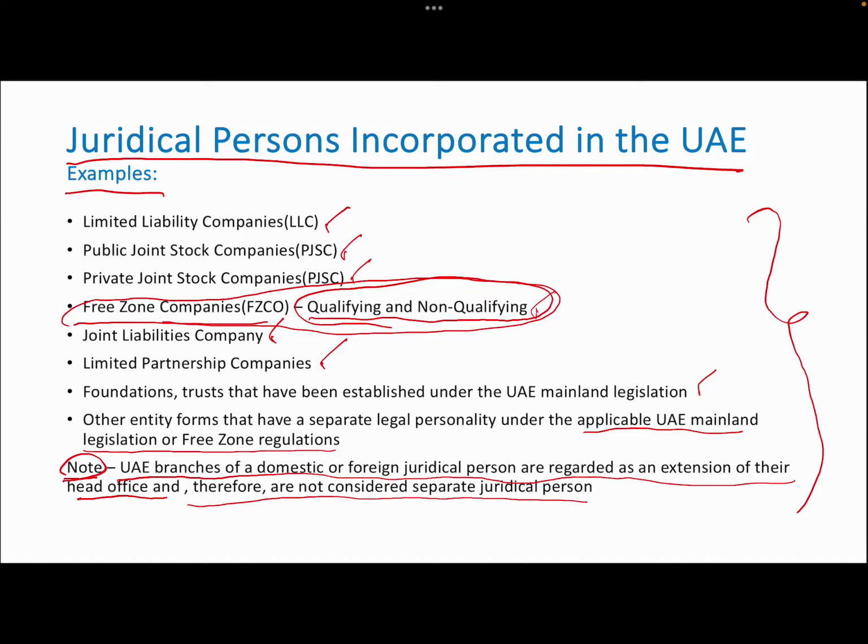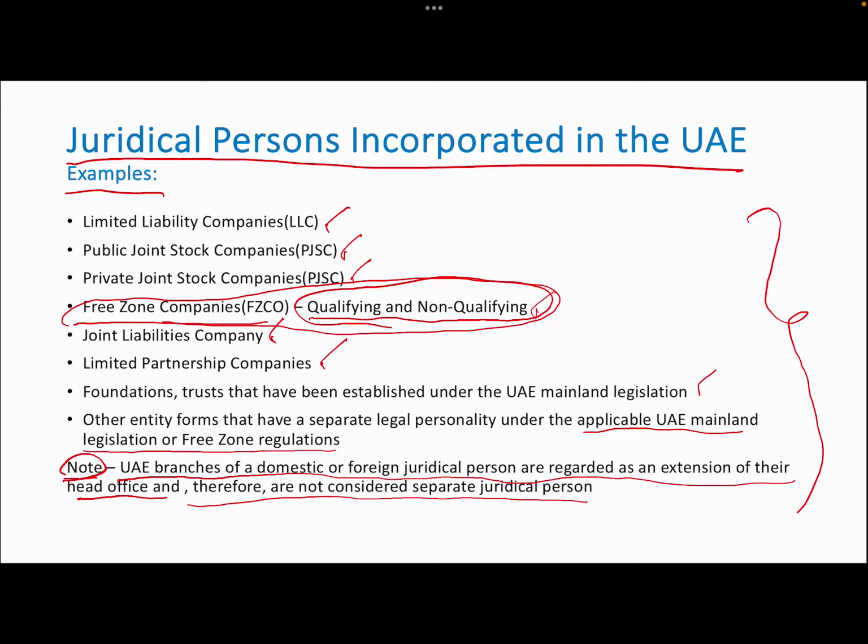Branches are not required to register for corporate tax. Only the main entity is required to register for corporate tax. We will speak more about this in our upcoming articles, but for the time being, just remember, UAE branches are not required to register for corporate tax.